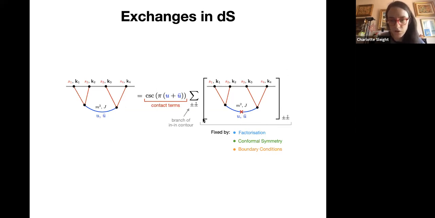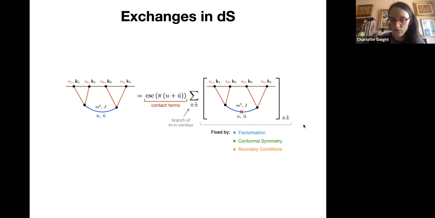Each of these contributions is fixed just like how we fix the on-shell exchange in AdS. Individually, they're each fixed by a combination of factorization, conformal symmetry, and boundary conditions.